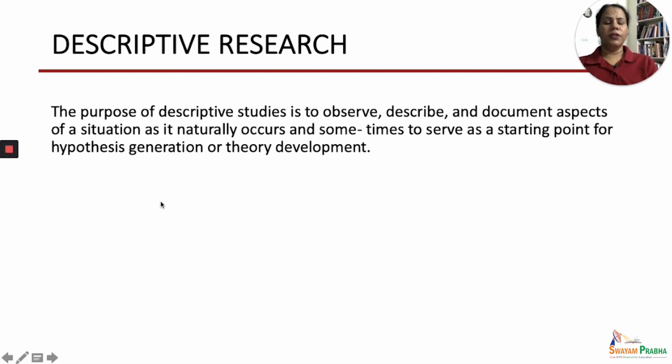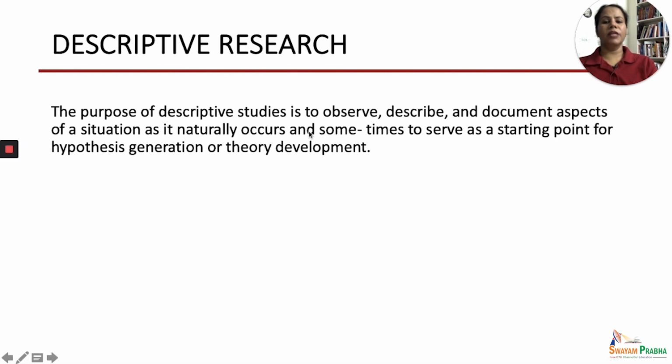The next important broad category of non-experimental research designs is descriptive research. Descriptive research does not necessarily try to find out the relationship between variables, but the purpose of a descriptive study is to observe, describe and document the aspects of a situation as it naturally occurs.